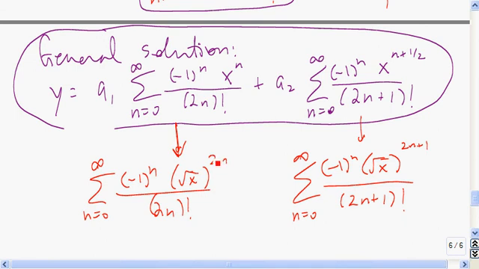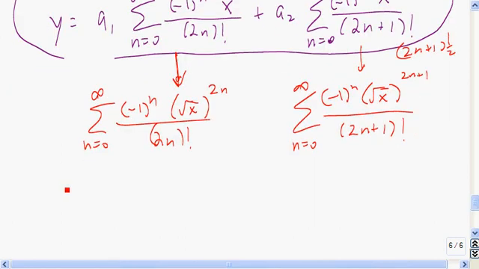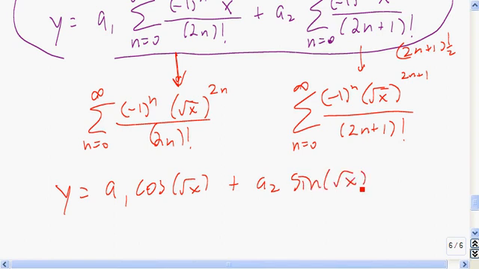So root x, we could first square it so it becomes x, then to the power of n. Here we can take this 2n plus 1 times the power of 1/2, so 2n plus 1 times 1/2, which becomes n plus 1/2. So in fact, our solution can be written simply as y equals a1 times the cosine of the square root of x plus a2 times the sine of the square root of x.